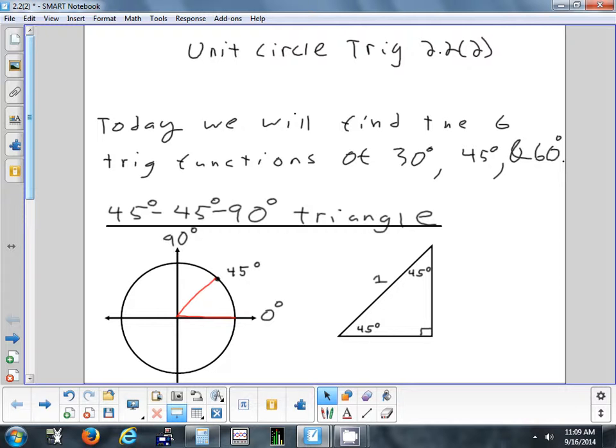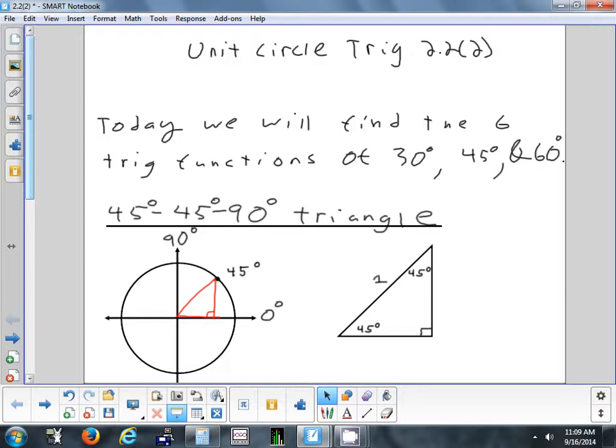Okay, so we don't know the coordinate for 45 degrees yet. But what I've done is I basically made a triangle out of that angle, and I copied it over on the right-hand side. So actually that side would stop right about there. And I made a right triangle. So it's a 45, 45, 90 right triangle.